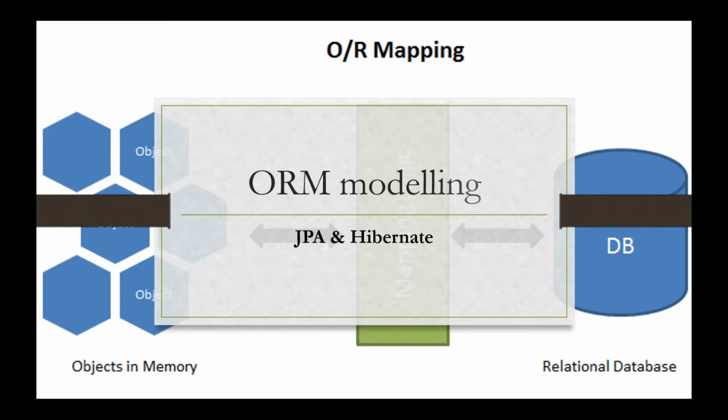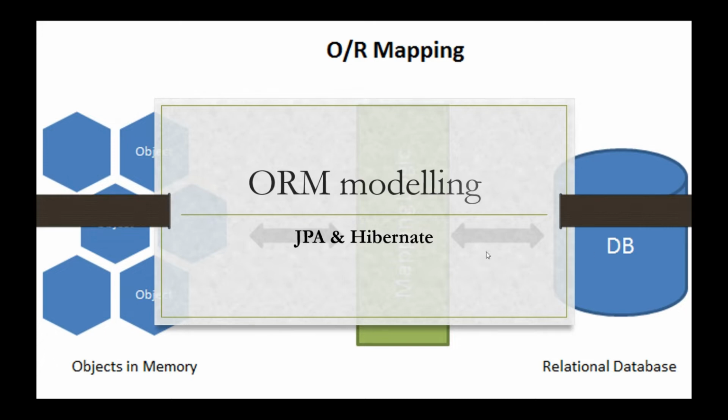So it's used to model the tables in your database as objects, and then we deal with objects in the programming. So no more SQL statements, it's all objects and classes.